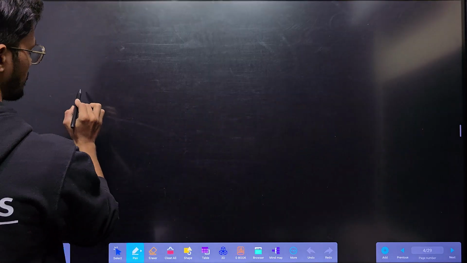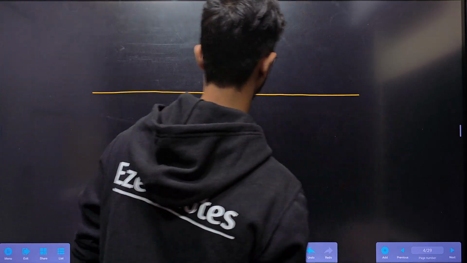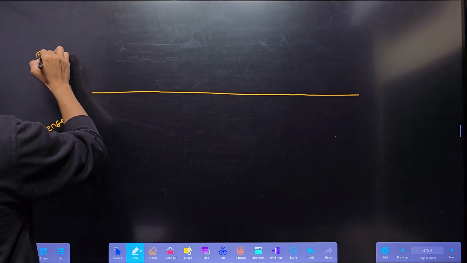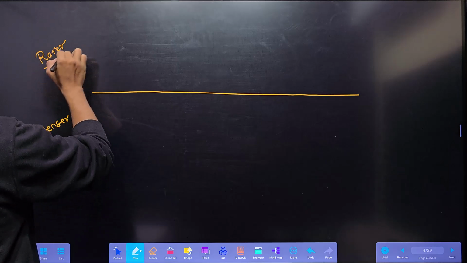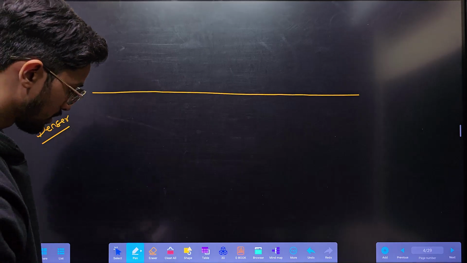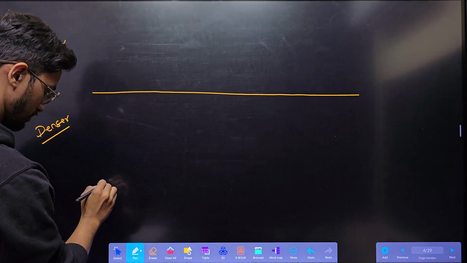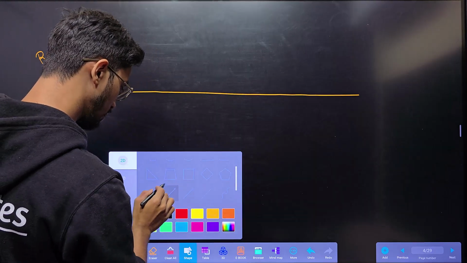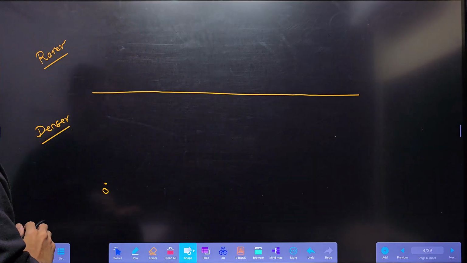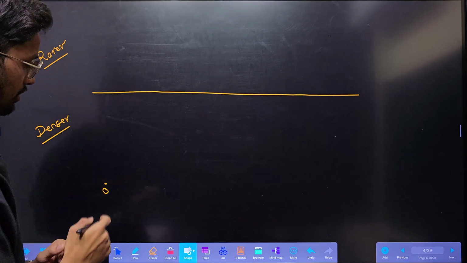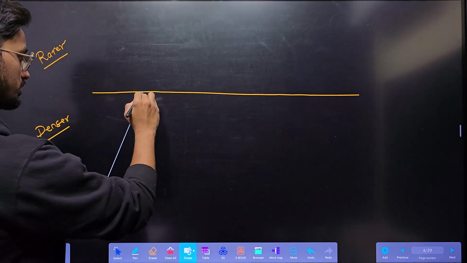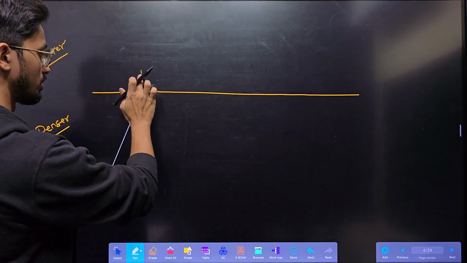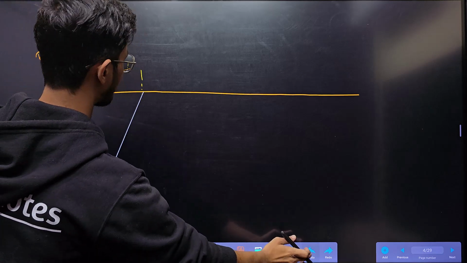Let us consider this as a boundary. This is our denser medium and this is our rarer medium. Now here there is an object. When the object is here and the ray falls on the surface, this is the incident ray, right?